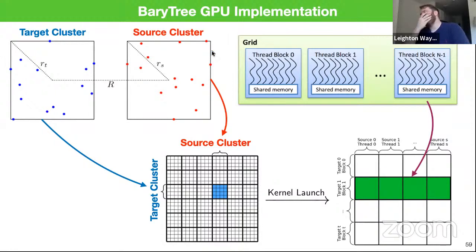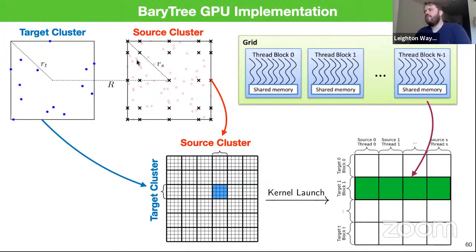So essentially what you can do is each one of these targets can be assigned roughly to a thread block. And then each one of these source particles can be a thread on this thread block. So you end up having this really nice and easy mapping to GPU parallelism with interactions like this.